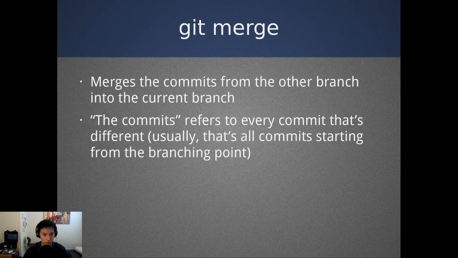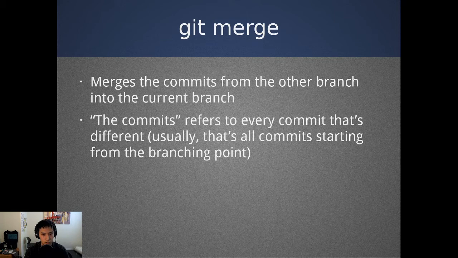Next, we have git merge. This will merge the commits from another branch into the current branch. So let's say I have a release branch, and I have a known good state on the latest branch.